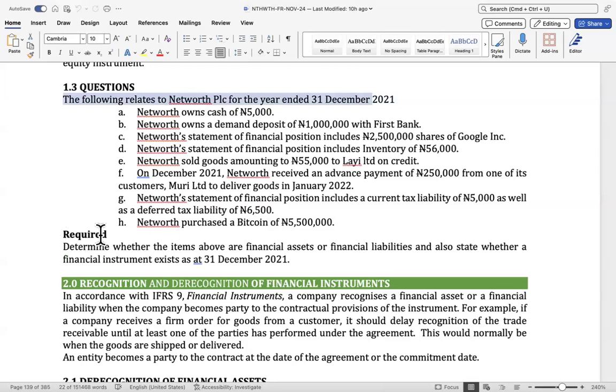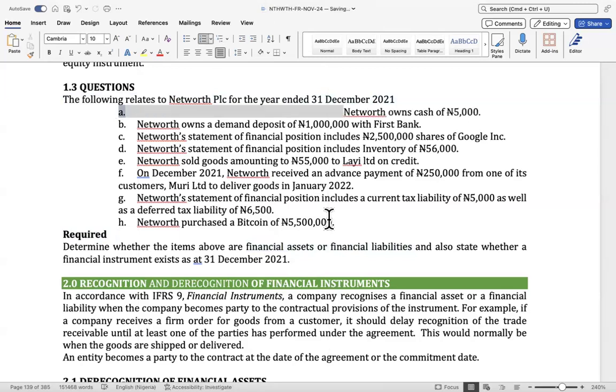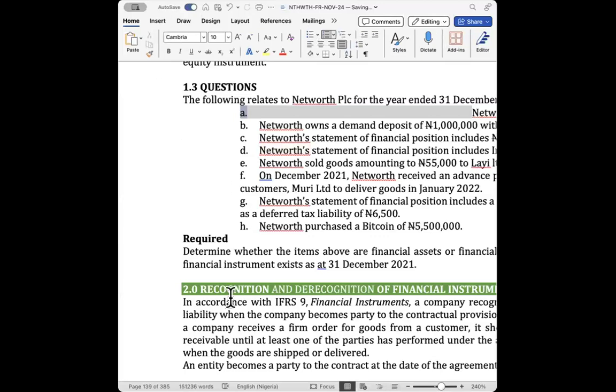Required: determine whether the items above are financial assets or financial liabilities, and also state whether a financial instrument exists as at December 2021. There are 8 questions here. I really want 8 people to participate in this question.